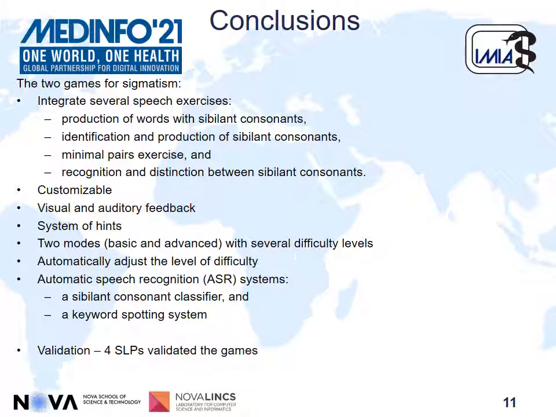They include visual and auditory feedback to help the child understand her or his speech performance. They include a system of hints that helps children perform the exercises when they are having difficulties. They include two modes, a basic mode and an advanced mode, and these have several difficulty levels. The difficulty levels can be chosen by the speech pathologist or they can be chosen automatically.